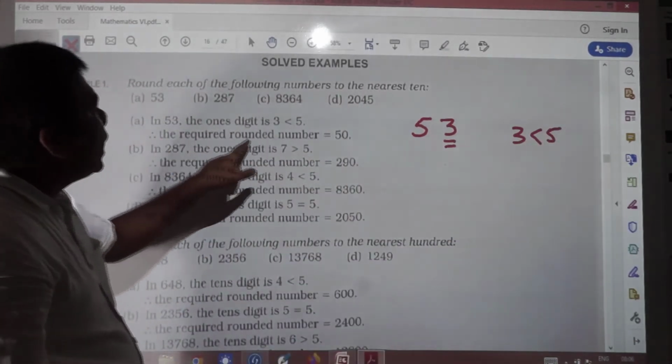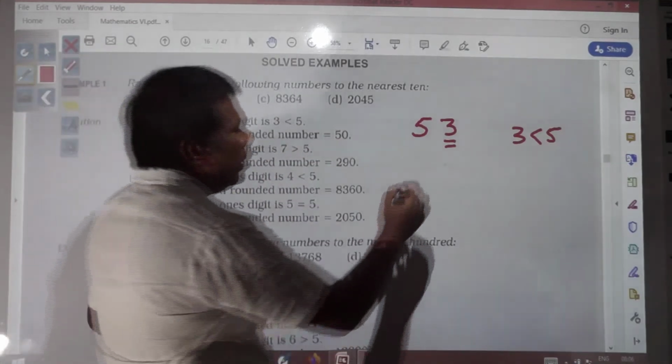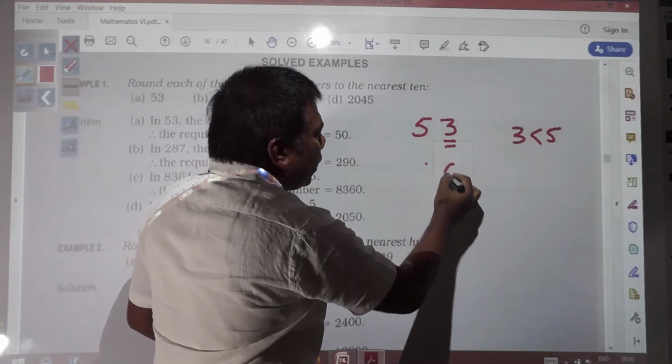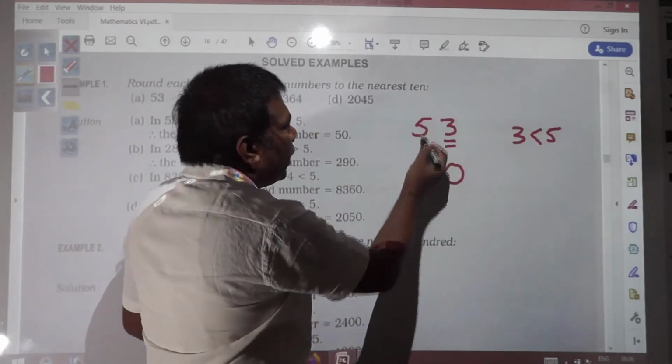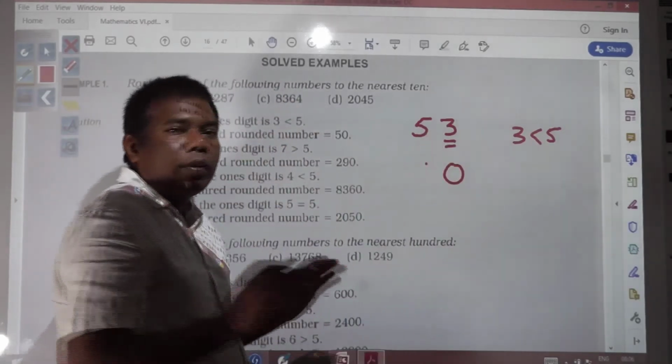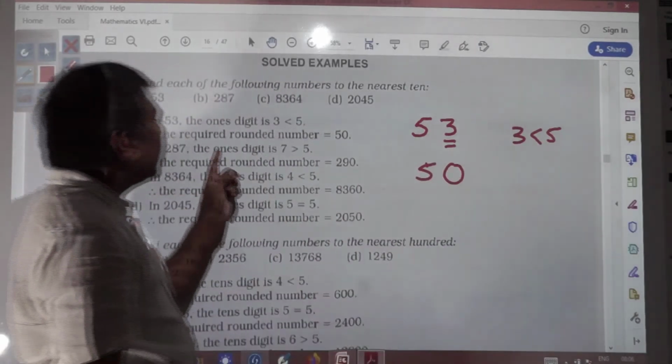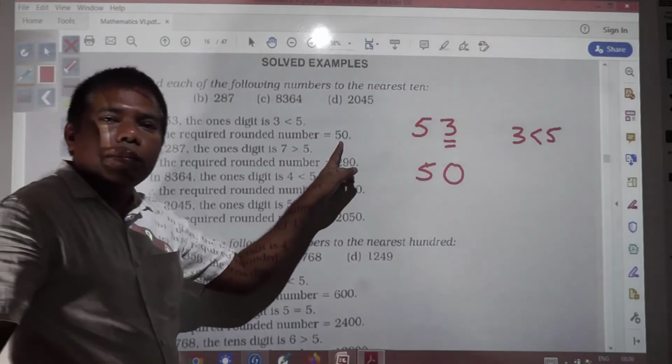The required rounded number will be, what we need to do? Ones digit is required to be replaced by 0 and tens digit and other digits will remain the same. So the required rounded number is equal to 50.